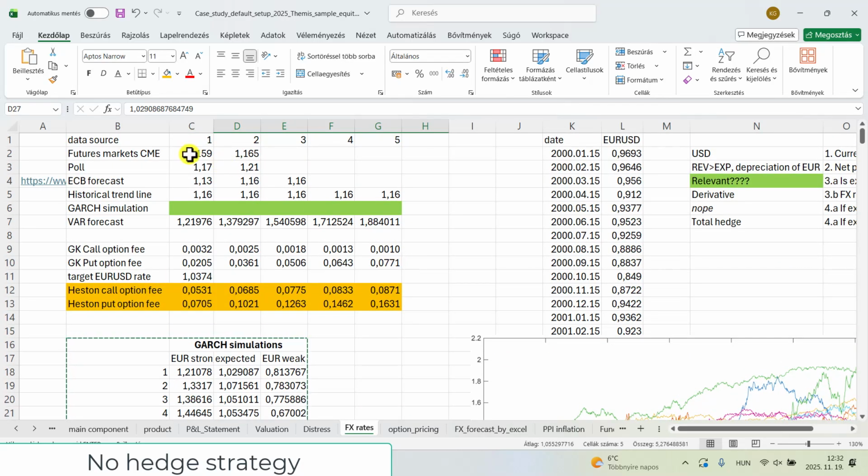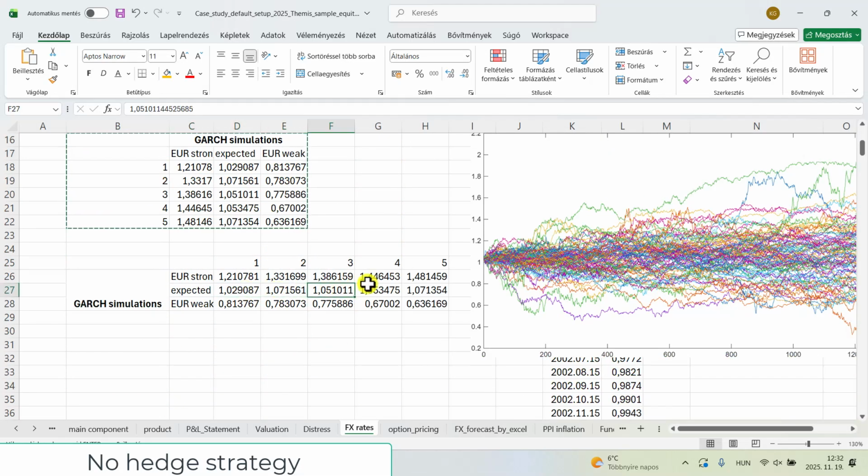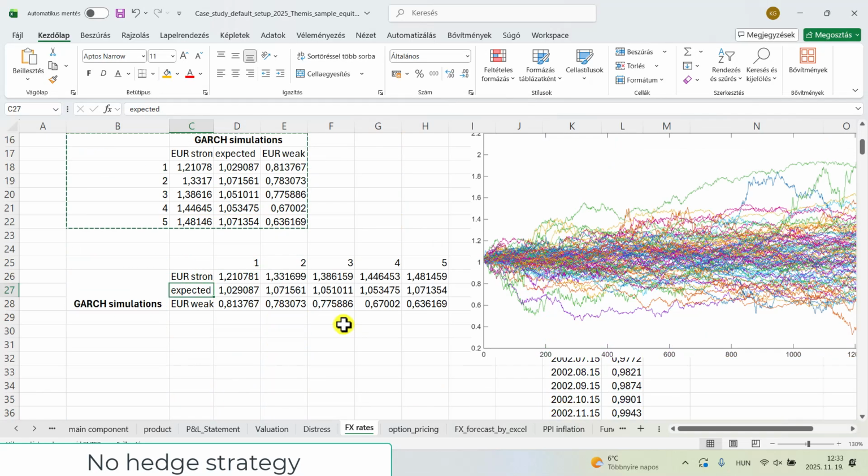Can we do it? Because this is 15, 16. Okay, this is the historical trend line, we don't trust that one, but even the ECB said this should be 16. No, this is not good. Usually expected rate can be useful. Right now it's utterly useless. At least for extremes we can use this. Not for the rest.